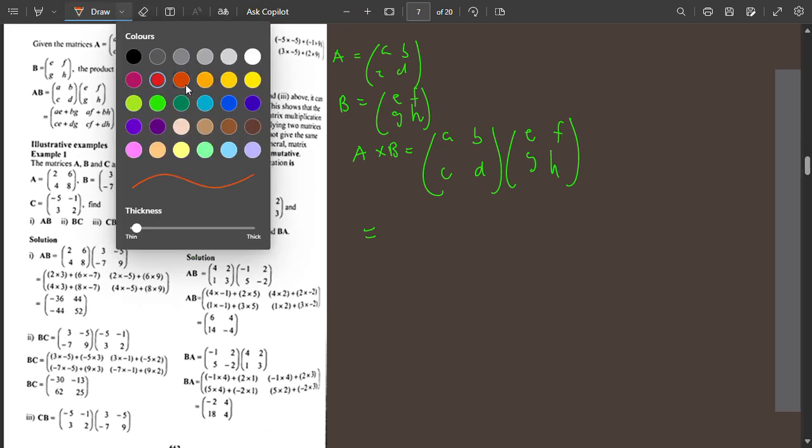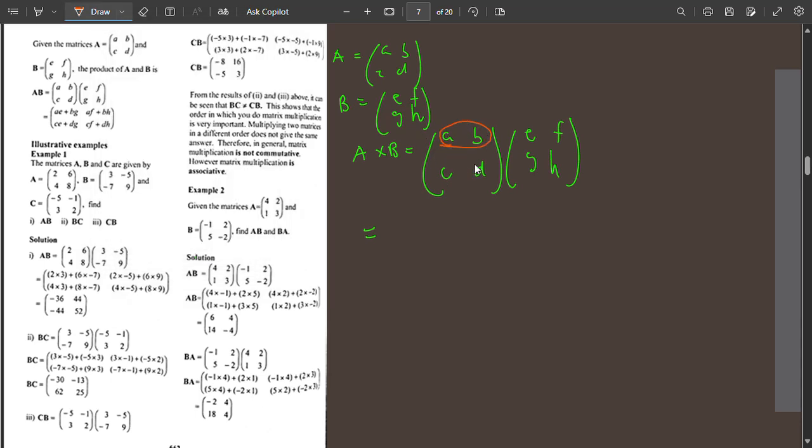Then we'll come to the next row. Right. So in this example, there are only two rows. So there is this row and there is this row. So we'll take the first row.